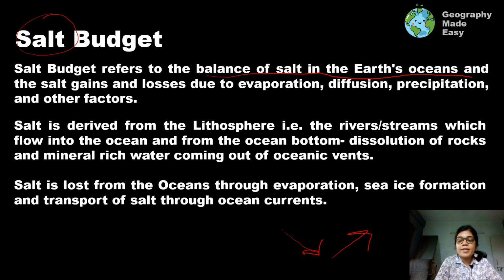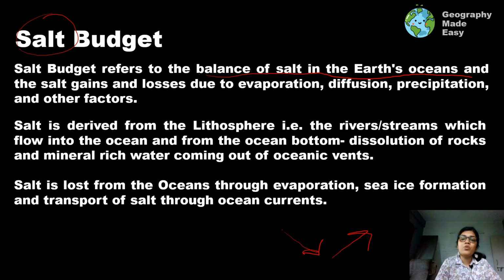Salt is added into the ocean water from land. The rivers bring in dissolved minerals which get added into the ocean, and even rocks at the ocean bottom which contain salt get dissolved, so salt gets added to the sea or ocean.